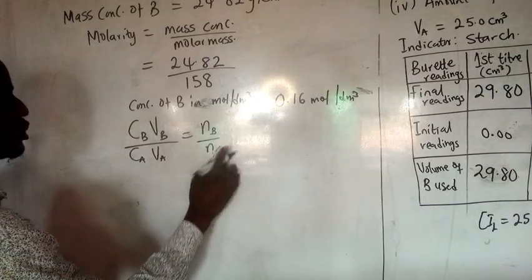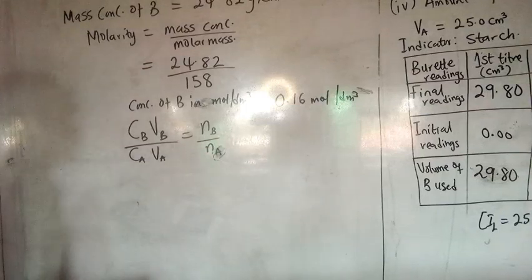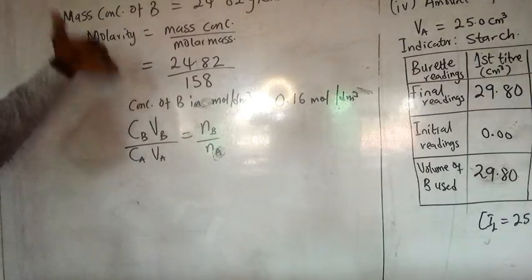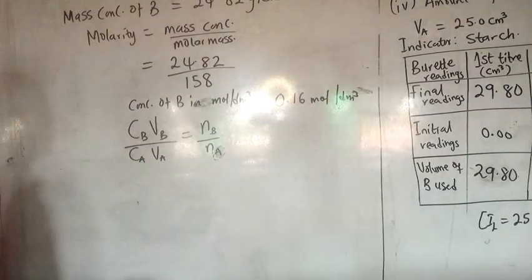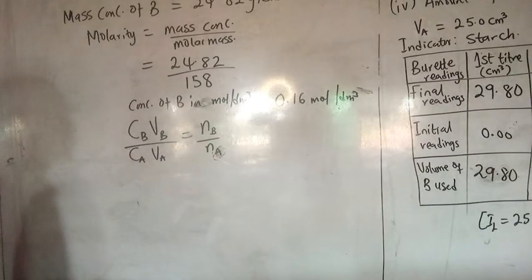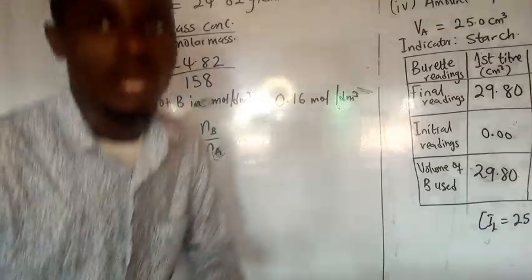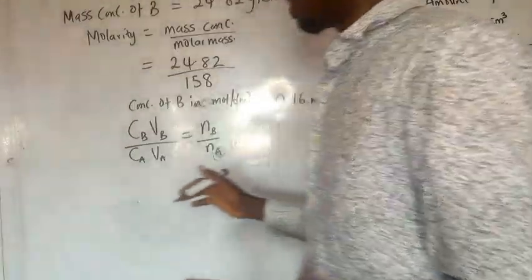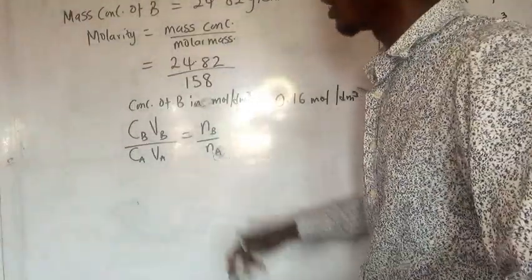Now, this formula changes because we are talking about back titration where B is put into the burette. I said this formula changes because it is a back titration and we are expecting to titrate our B against A. So the formula changes this way.